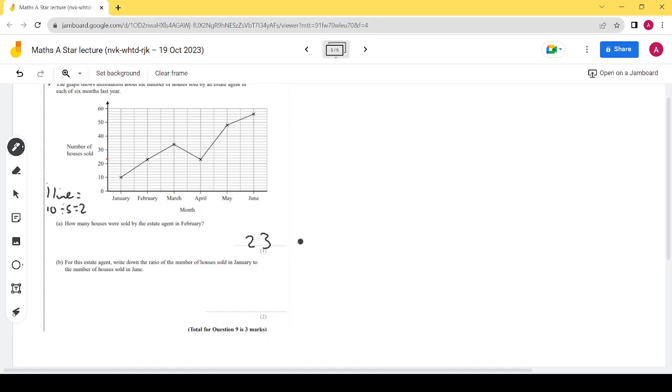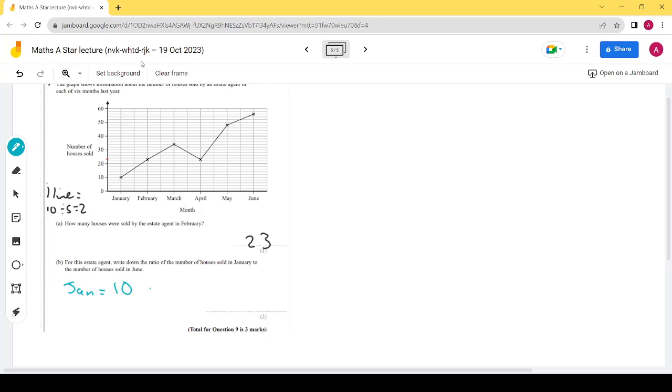All right, but for part B, we got for this estate agent, write down the ratio of the number of houses sold in January to the number sold in June. Well, here we have got Jan, we can see easily enough, equals 10.